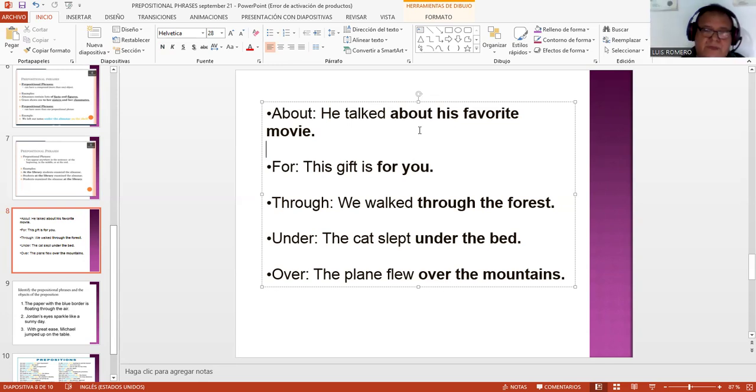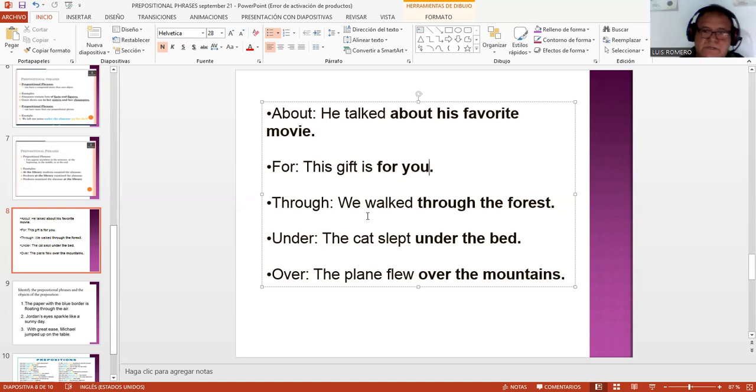Remember that prepositional phrases are composed of a noun or a pronoun. In this case, you have these pronouns, so the preposition and the pronoun. What about through the forest? We walked through the forest. Through, preposition.